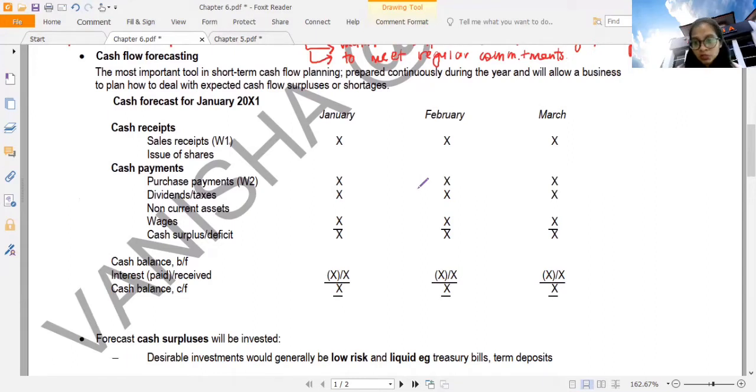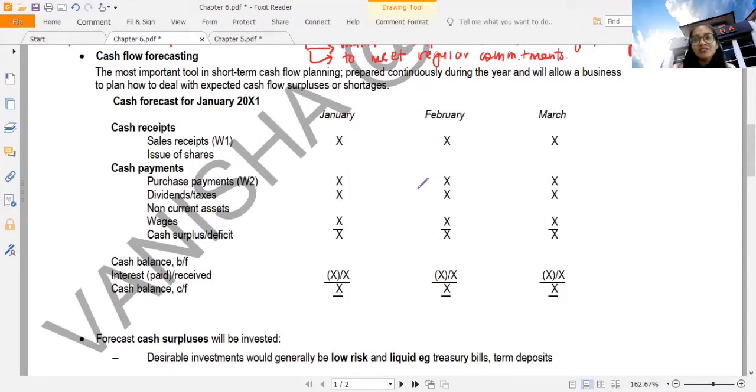Once you are able to identify the surplus or the deficit, you will be able to see what you can do with it. If you have a cash surplus, you know you can invest it. If you have a cash deficit, you know that you need to find ways to increase that amount so that it is no more a deficit.